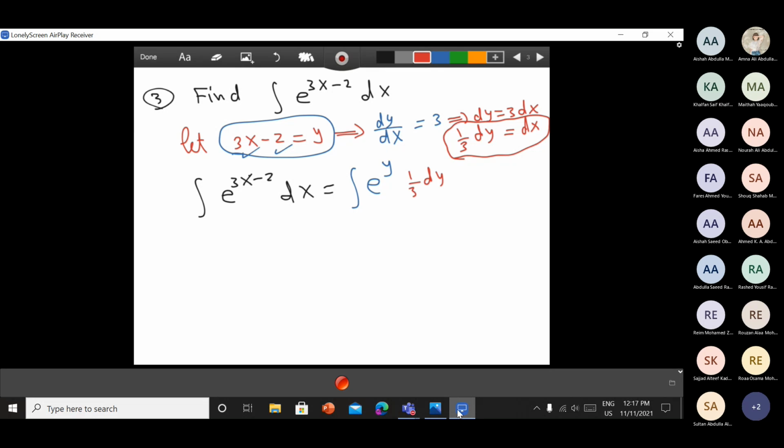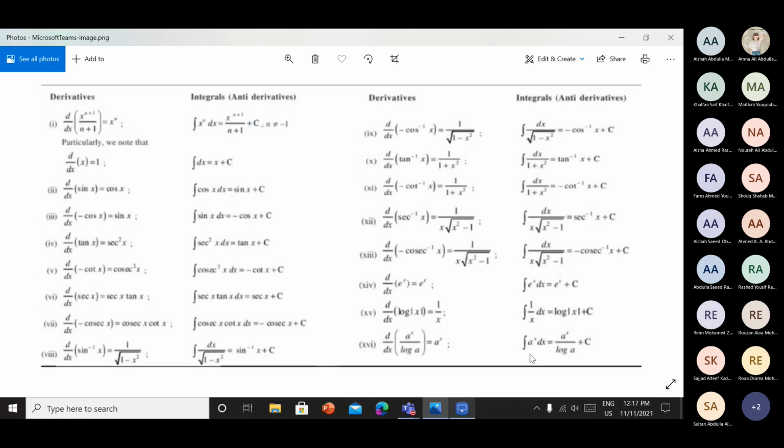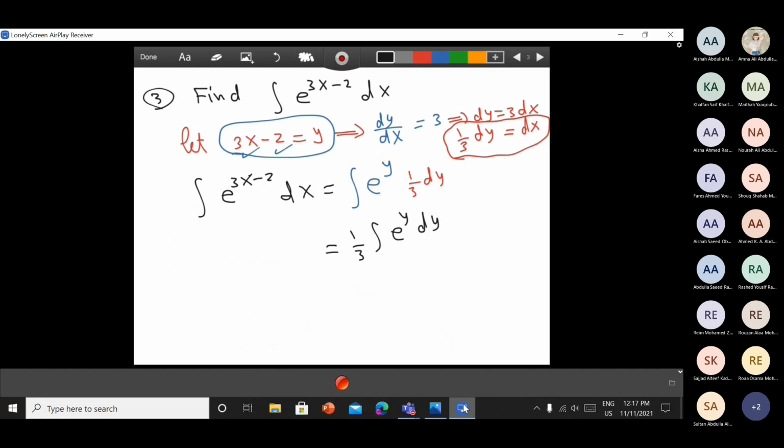Any constant, you take it outside. So take the 1 over 3 outside. So you have the integration of e to the y dy. Now I am ready to use the formula, and I will have the result of this integration as e to the y plus c.